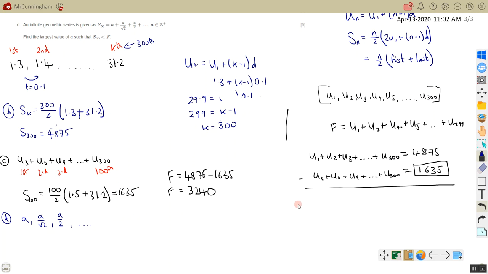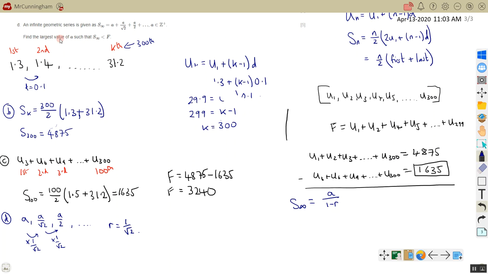Looking at our geometric sequences, the formula for the sum of an infinite geometric sequence is a divided by 1 minus r, where r is the common ratio. So what is the common ratio here? What do I multiply a by to get this term? What do I multiply this term by to get a over 2? Well, 1 over root 2. So r is 1 over root 2.